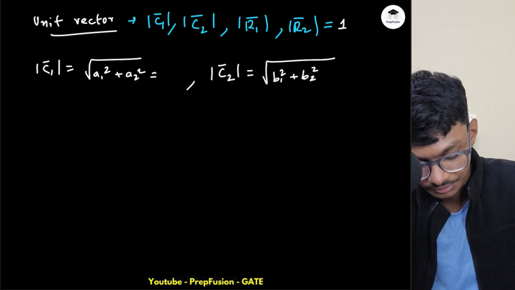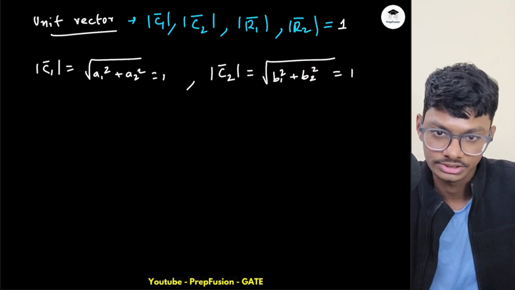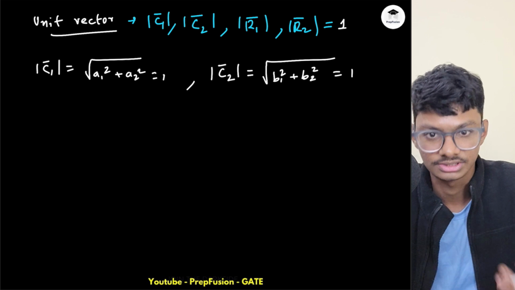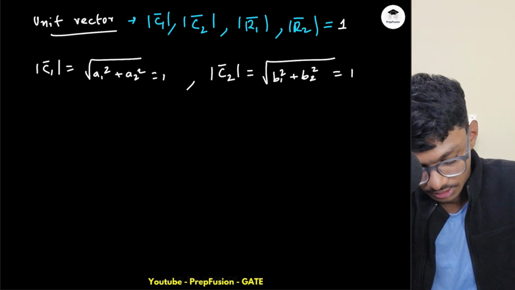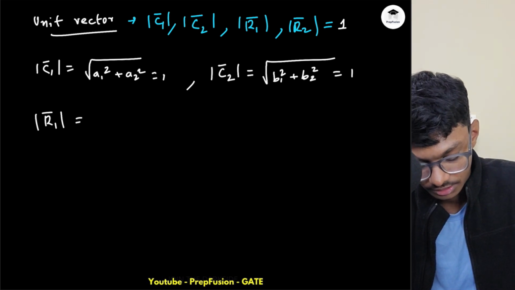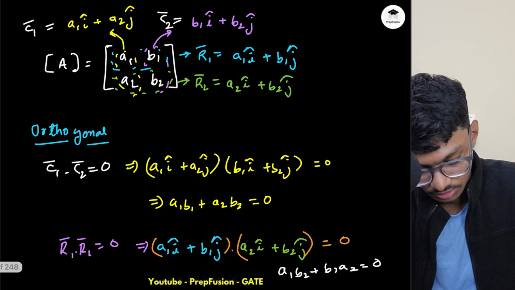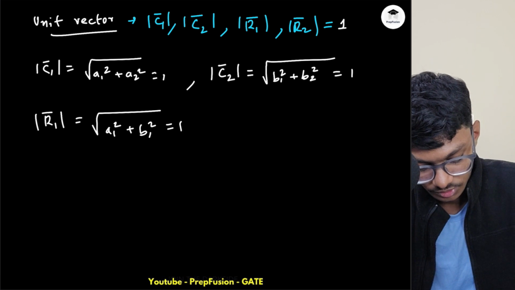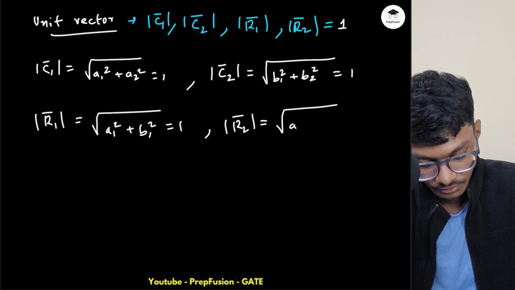Now if you square both sides, a1 square plus a2 square equals 1. The under root is there at first, and if you square it, 1 square is 1 itself, so it doesn't change anything. The same thing will happen for r1: magnitude of r1 will be a1 square plus b1 square, which should be equal to 1, and magnitude of r2 should be a2 square plus b2 square.